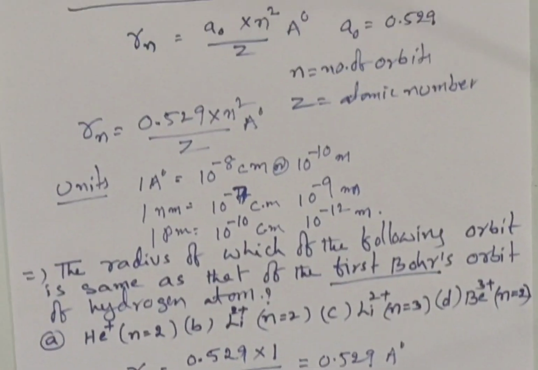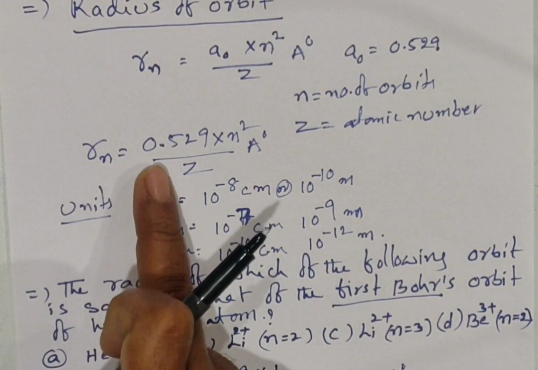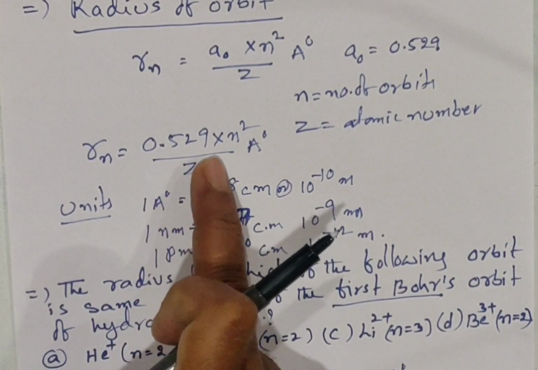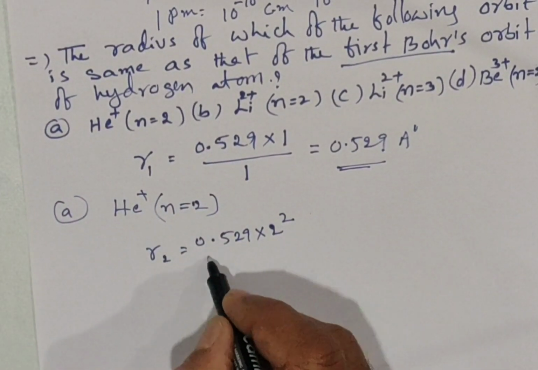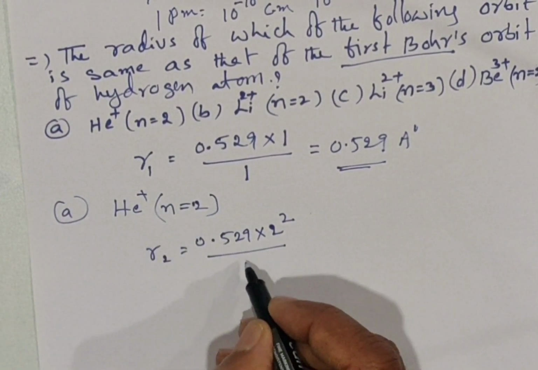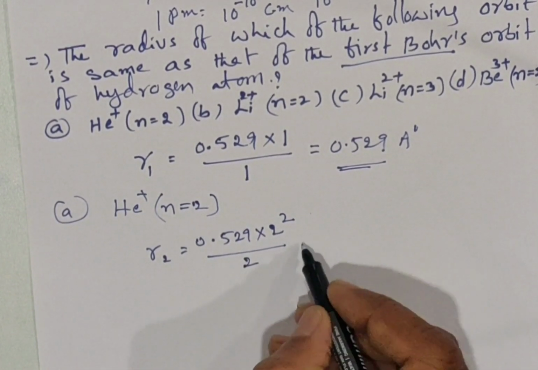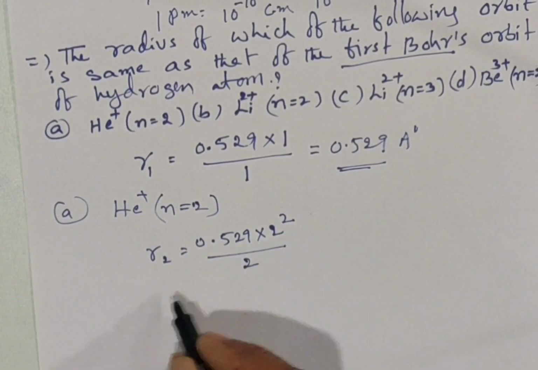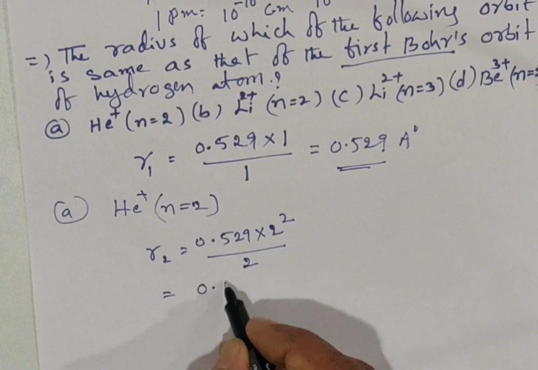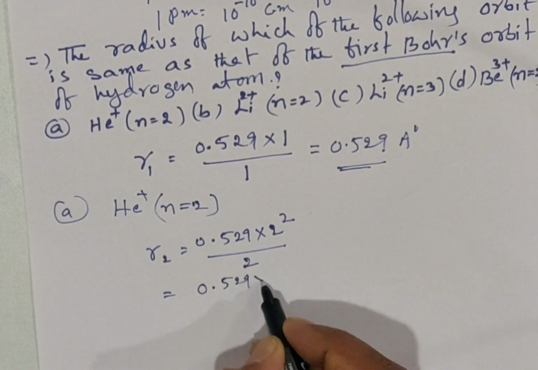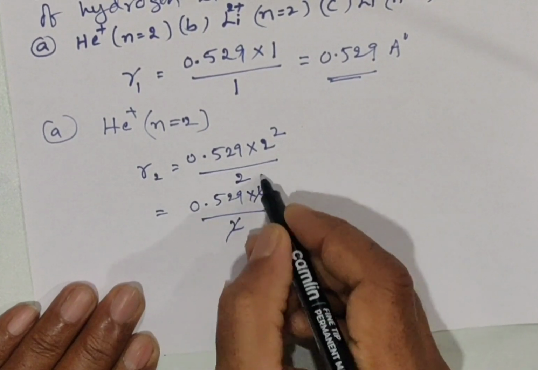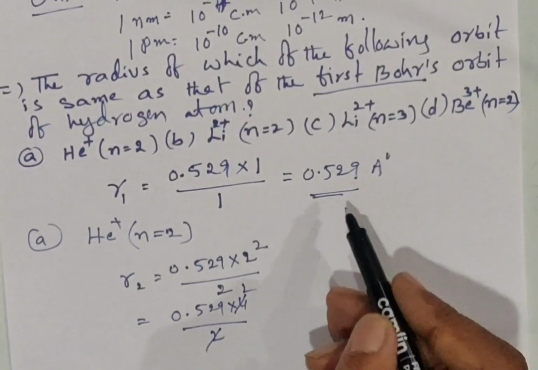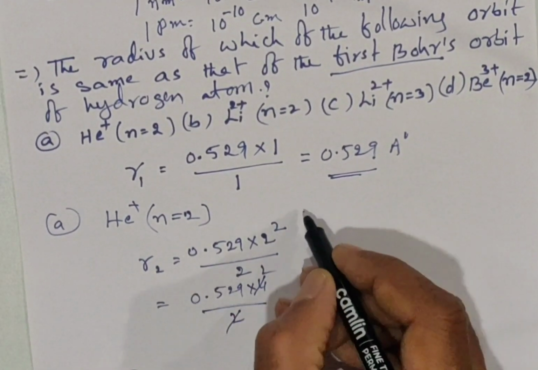Because the formula is Rn is equal to 0.529 into n square by Z. Z means helium, helium atomic number 2. Then that is equal to 0.529 into 4 by 2. It is not equal to this value. That's why it is not the correct option.